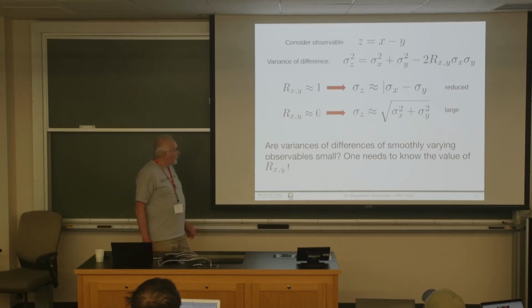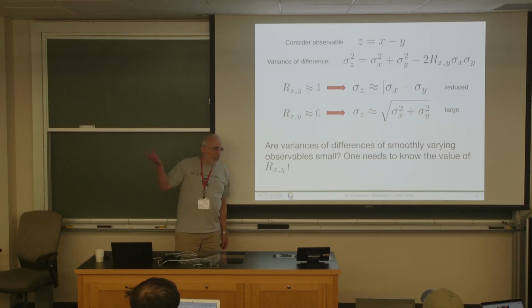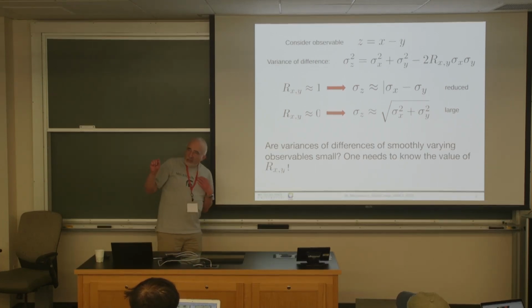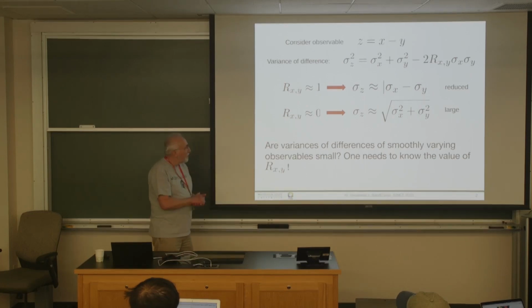So the question which I wanted to ask: are variances of differences of smoothly varying observables small? So imagine you have an observable which is changing very smoothly with some parameter. Let it be proton number or neutron number. After all, this meeting pertains also to nuclear physics. So small gradual changes of some variable. For instance, mass.